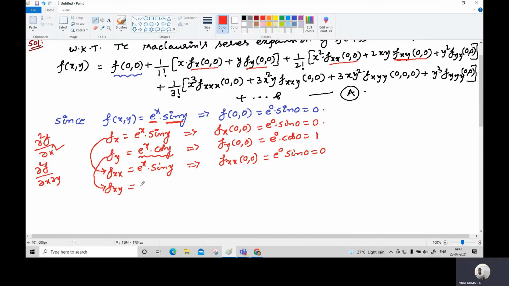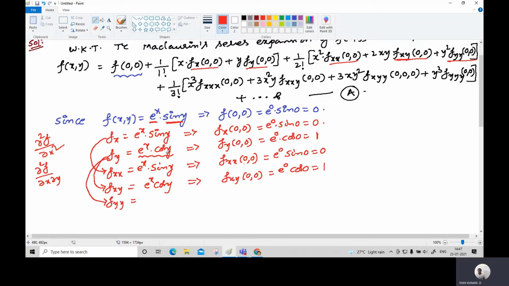In this case you will get e power x into the differentiation of cos y, a similar term. Okay, so fxy at origin is equal to e power 0 into cos 0. You will get 1. Next, f double y is equal to, you can get this one by using this part.